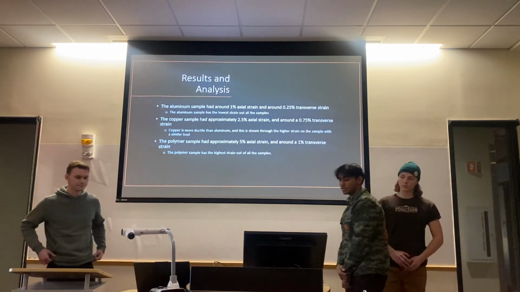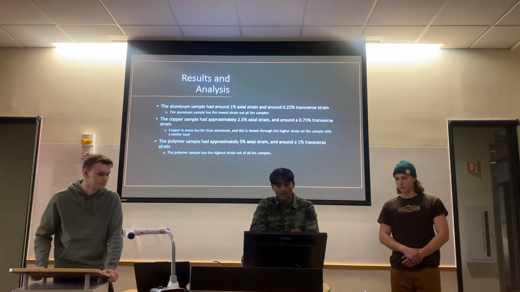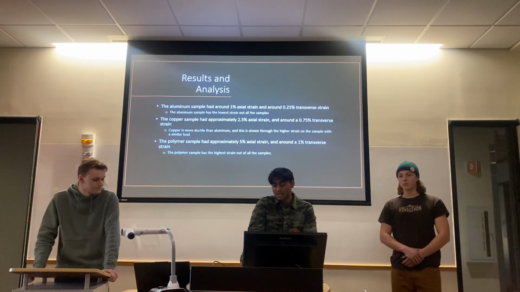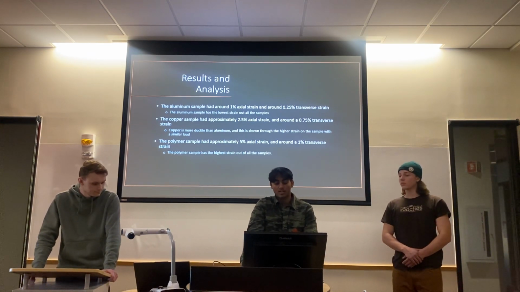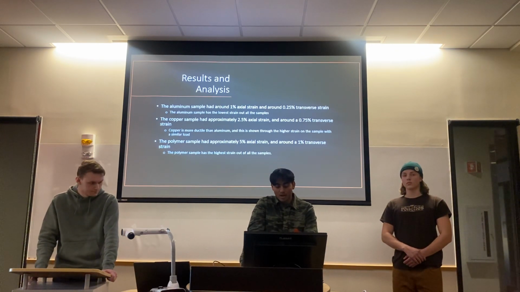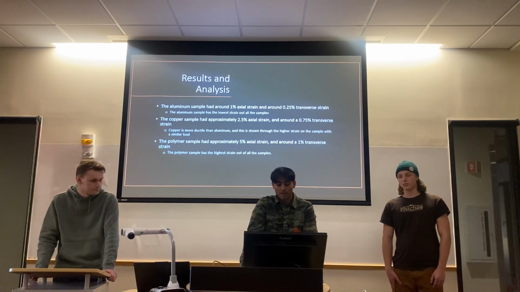For the results and analysis, we found that the aluminum sample had around a 1% axial strain and a 0.25% transverse strain, and this was the lowest strain out of all the samples. The copper had an approximately 2.5% axial strain and 0.75% in the transverse direction.